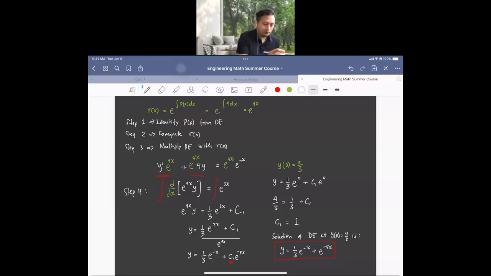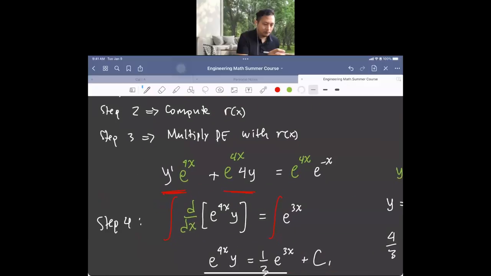The idea is that we multiply with the integrating factor so that we can have some sort of product rule structure. So we need to combine the first and the second term here and make them into one product rule like that.